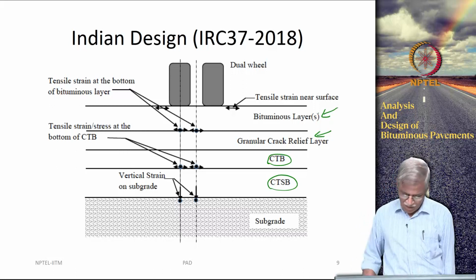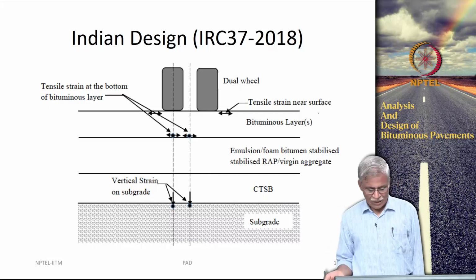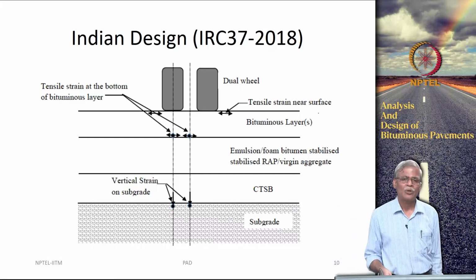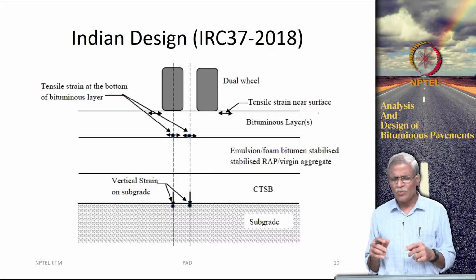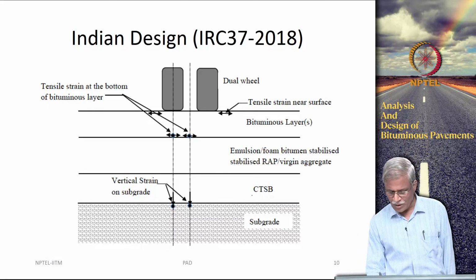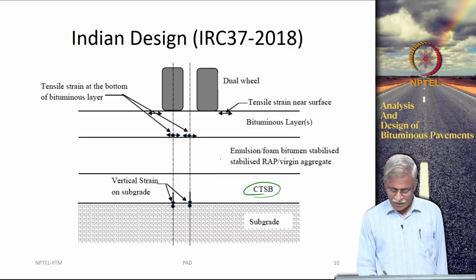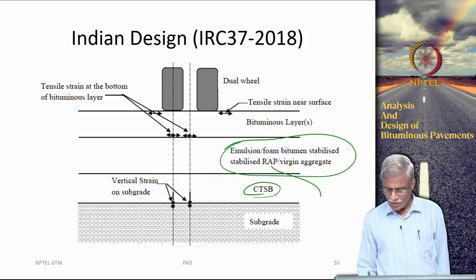Rest of the things remain the same. Then in addition to that, there is also one more cross section which we will be discussing as we go along. It is about what is really called a cement treated subbase, and this is the foam stabilized, or so, this is your reclaimed material.